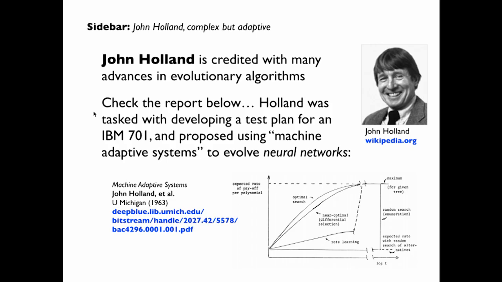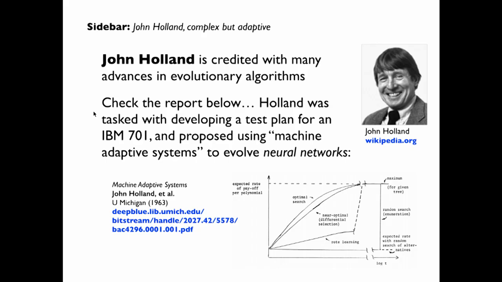A couple vignettes here. I want to show one about John Holland, and he's credited with many of the advances in evolutionary algorithms. An interesting thing, back in 1963, he came out with a report when he was at Michigan. He was tasked with developing a test plan, doing QA for an IBM mainframe, a 701.